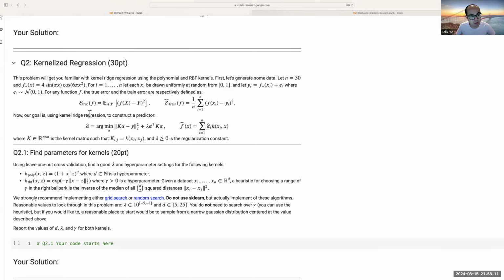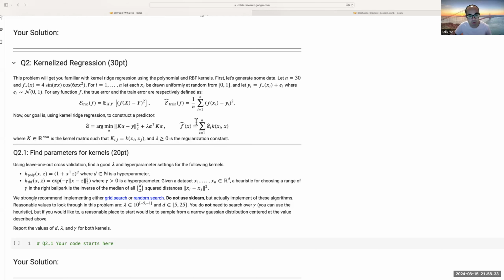Our goal is to use kernel ridge regression to construct the predictors like that. I already mentioned in class how to solve for this alpha hat. In fact, you can find this alpha hat analytically by yourself.